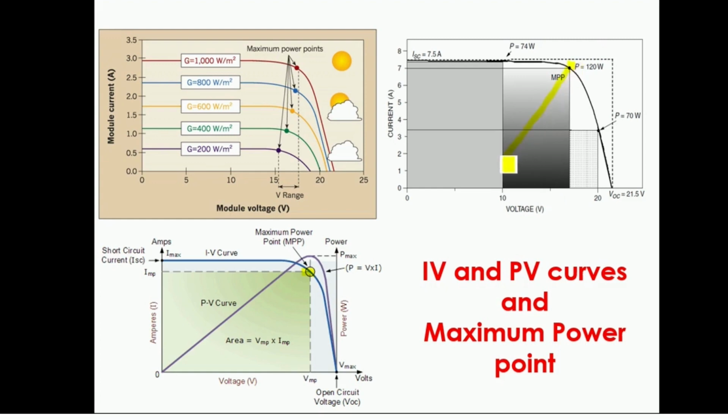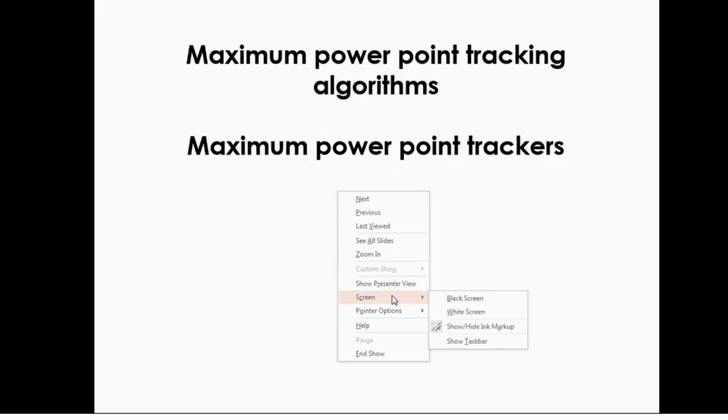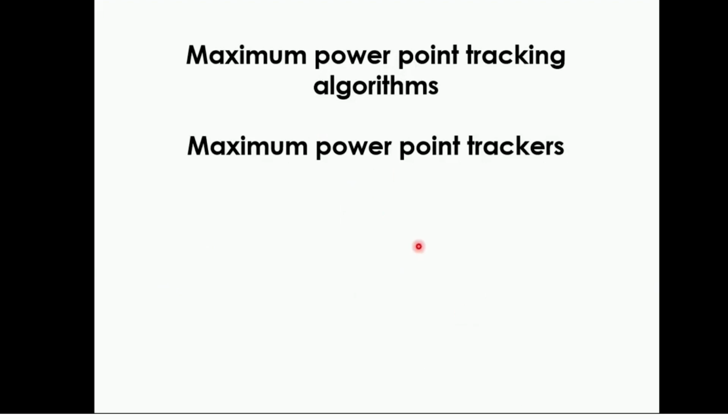Now this point may vary: if the radiation decreases, it may decrease, and if the radiation increases, it may increase to some extent. So this is our basic prerequisite that one should know. So how can we have this maximum power point tracking algorithm? In that case, we can see our discussion of the topic.